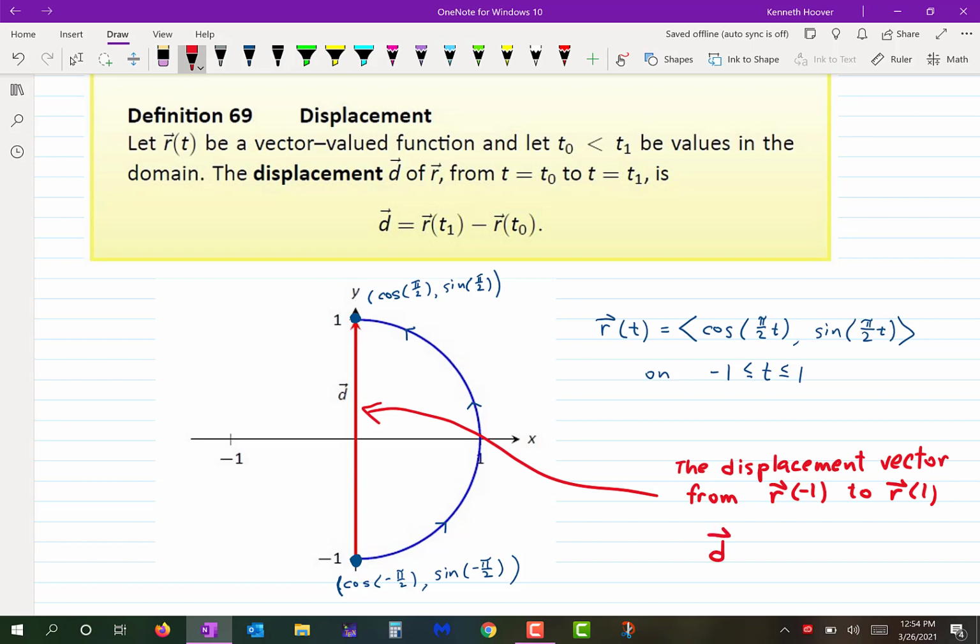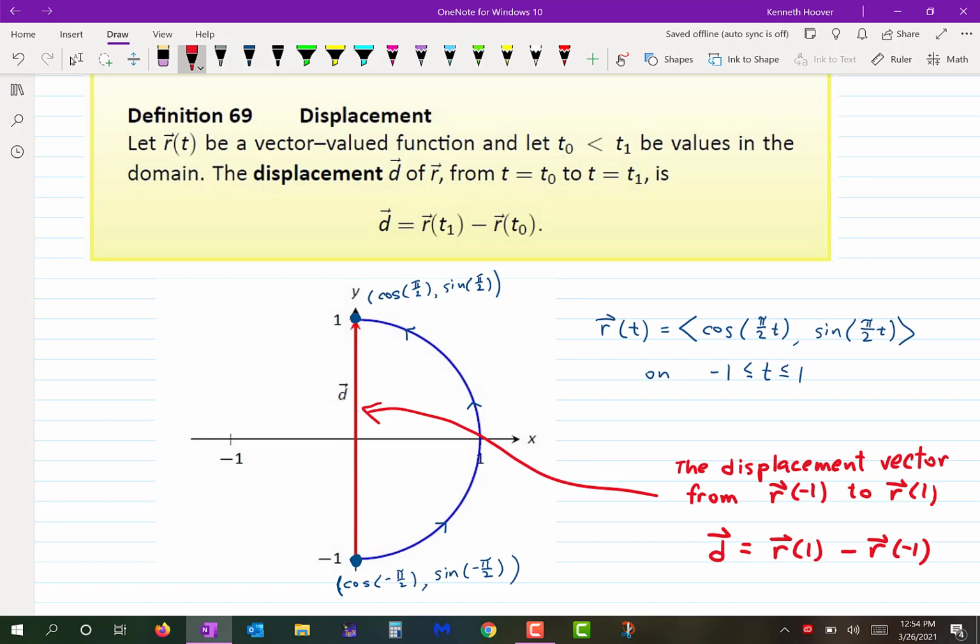And so that is the vector r of 1 minus r of negative 1. A vector minus a vector gives us a vector. And that's what that red vector is. That's the displacement from the beginning to the end.